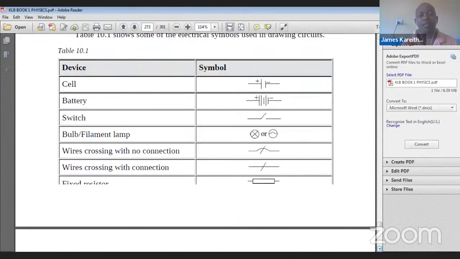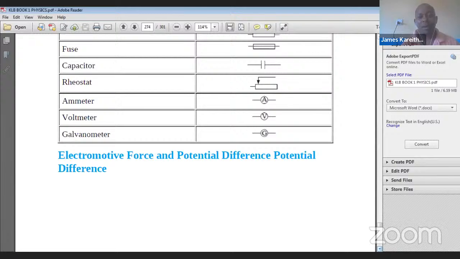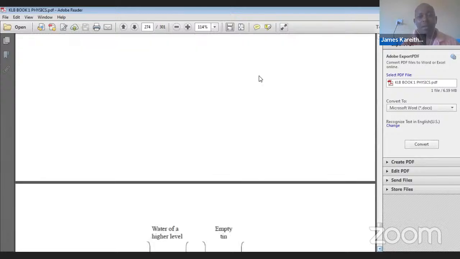Okay, we have about 8 of us who have raised their hands. Yes, let me give an opportunity. All right, yes, proceed.